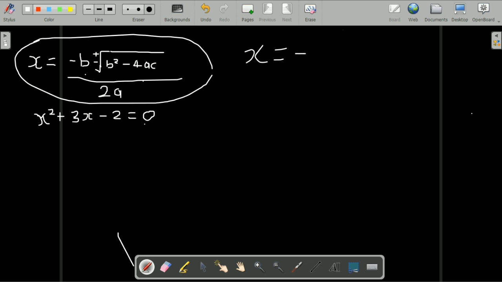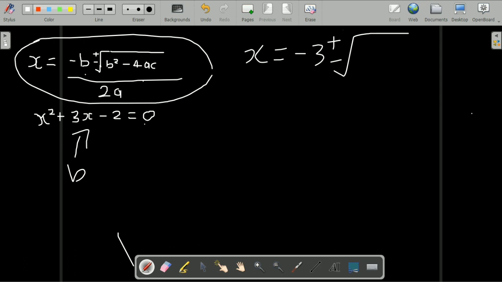What is our b? 3 is our b. Have you understood, guys? 3 is our b. So in the place of b, we substitute with 3, then plus or minus. Then we put back the sign. You understand?